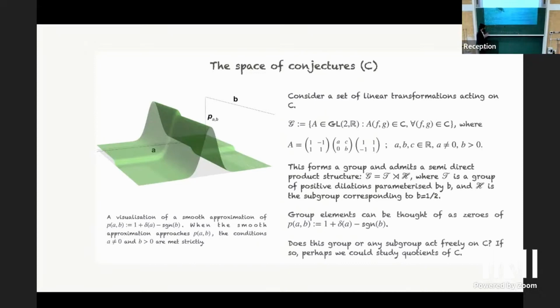This is a much larger group that is indeed a function of your variables that you're working with. So it's no longer trivially manipulating the inequality, but rather applying a non-trivial operation to the inequality to give you another inequality, which is another point in the conjecture space. And the group operation here is composition.